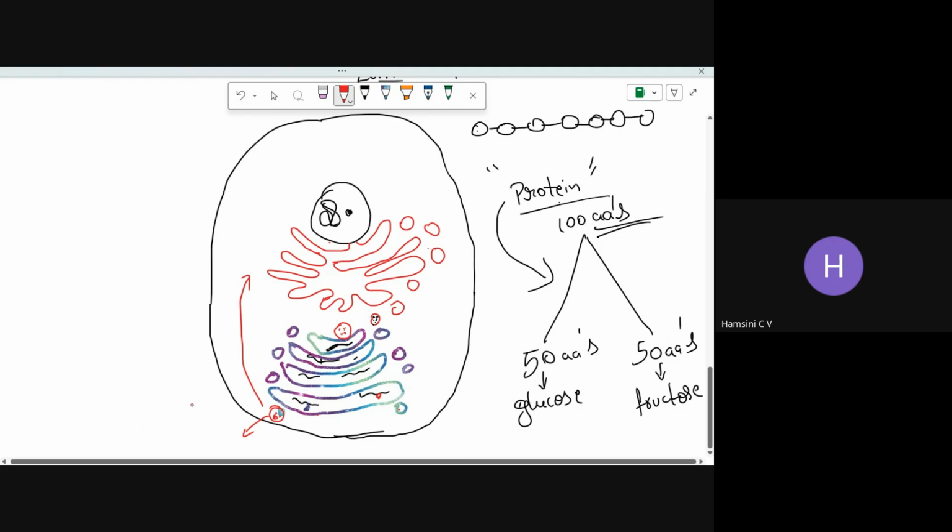That is the meaning of modification, packing in vesicles, and transportation. Did you understand? Yes, ma'am. So this is the function of Golgi. Any doubts here? No.